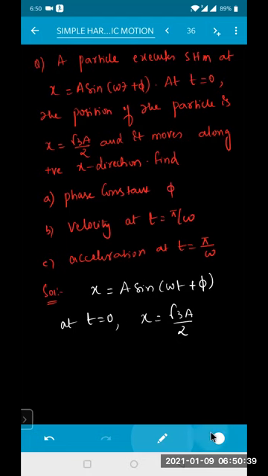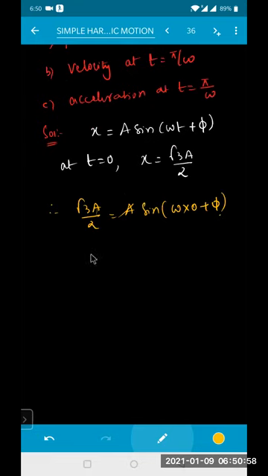Writing the x value here: root 3 A divided by 2 is equal to A sine omega into t, which is 0, plus phi. So this A will get cancelled, and root 3 by 2 is equal to sine phi.